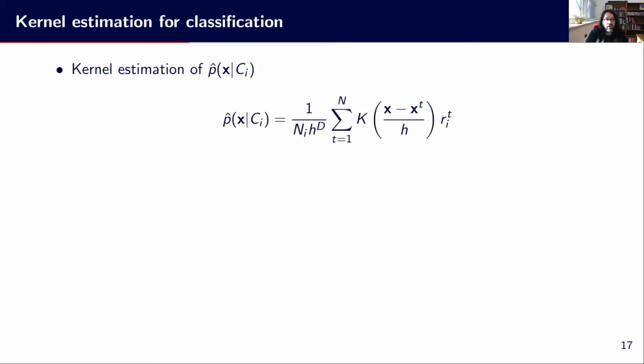If we are using this as a kernel estimation for classification, it is possible to use this model for doing classification. The same thing as before, with the difference that we are looking at the density for class Ci here.